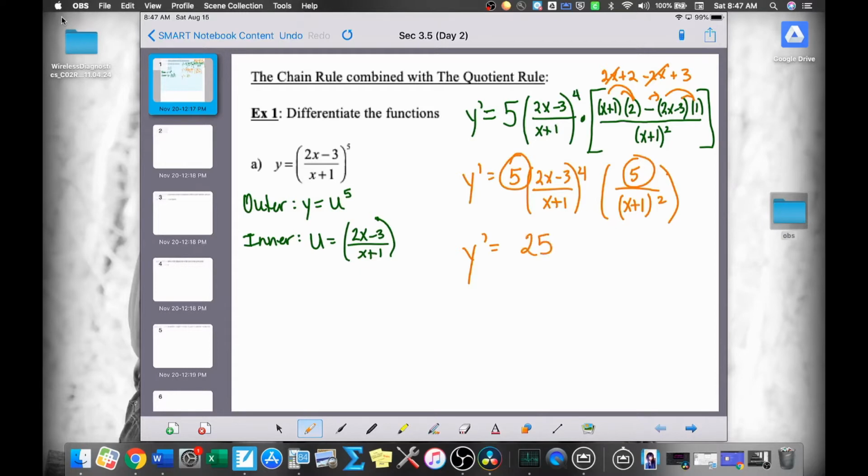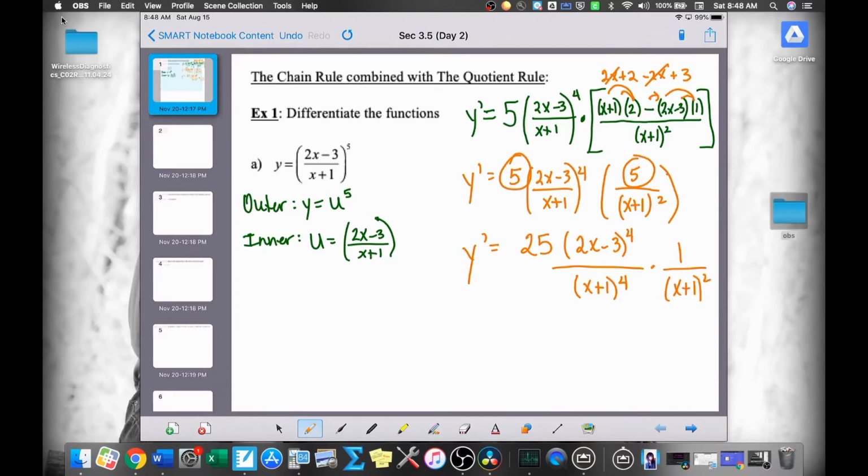And then my quotient, 2x minus 3 over x plus 1 raised to the 4th power, I can separate the numerator and the denominator. So that's 2x minus 3 to the 4th power over x plus 1 to the 4th power. And then over here, since I multiplied those 5's together, now I have a 1 over my x plus 1 to the 2nd power.